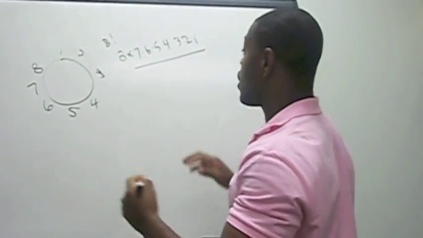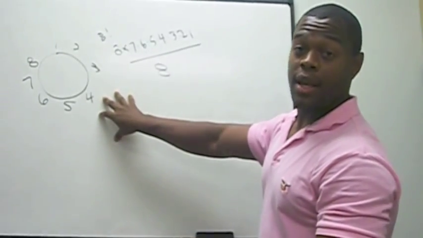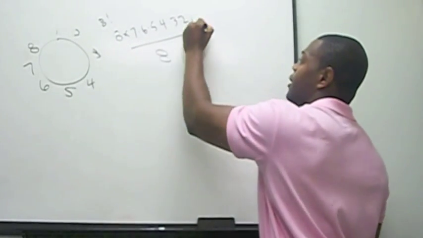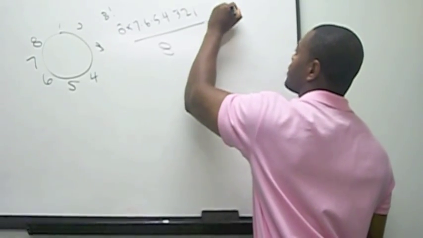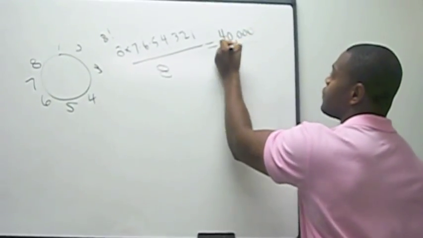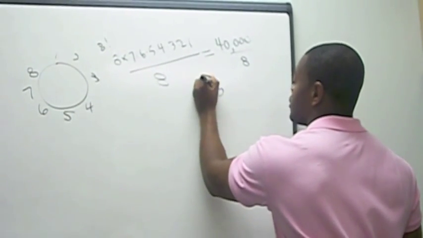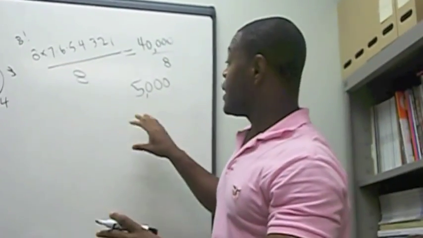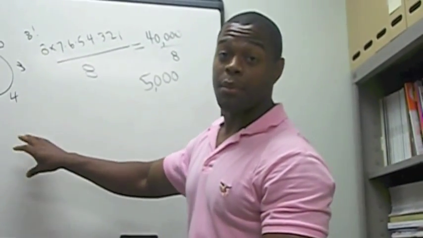If you do this right here over 8, because there are 8 spots that someone can sit at, this will give you some huge number, which will be like, I don't know, let's see, that's somewhere in the ballpark of 40,000. So 40,000, and then you divide that by your 8, you're going to get somewhere around 5,000. So you can look at your answer choices, and it should be only one that's anywhere near 5,000. So this is obviously the fastest way to solve a type of problem like this.